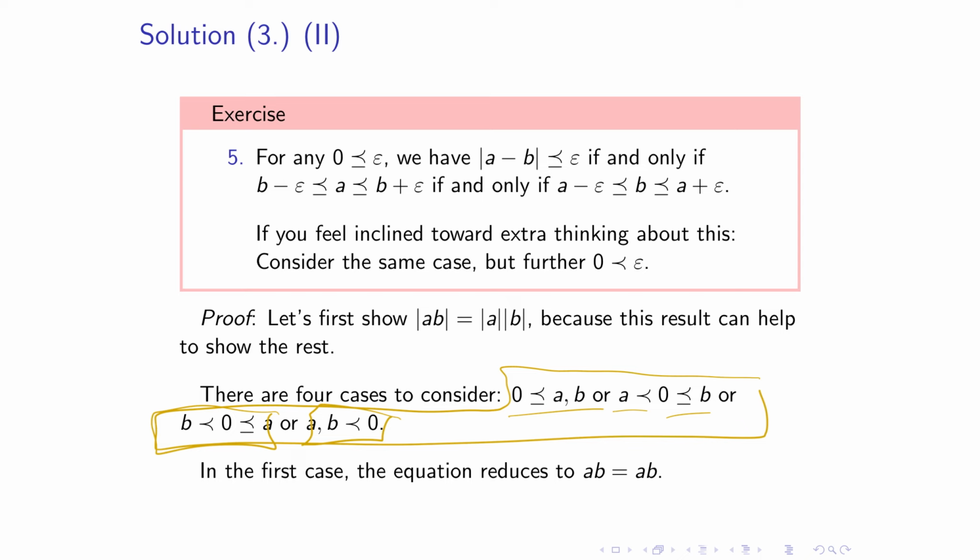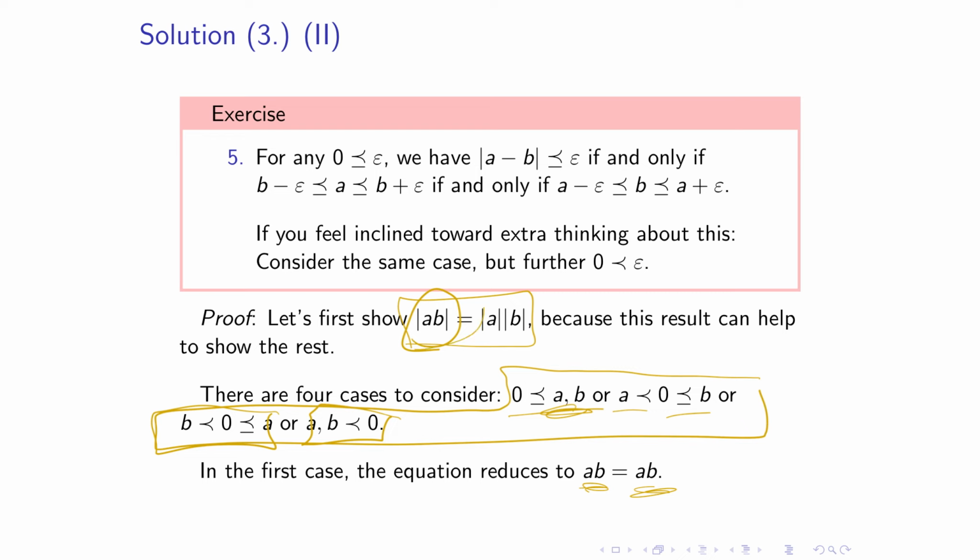In the first case, where everything is non-negative, the equation to demonstrate simply reduces to absolute AB equals absolute A times absolute B. Why? Because AB is going to be a non-negative number, since it's a product of 2 non-negatives.